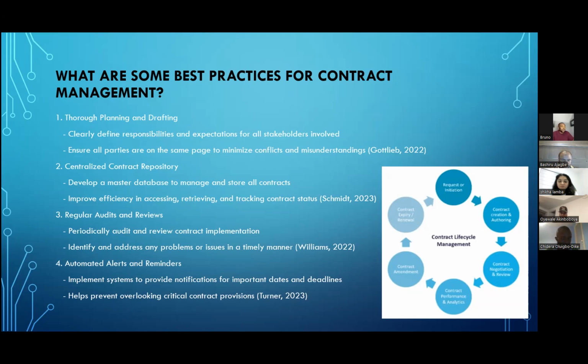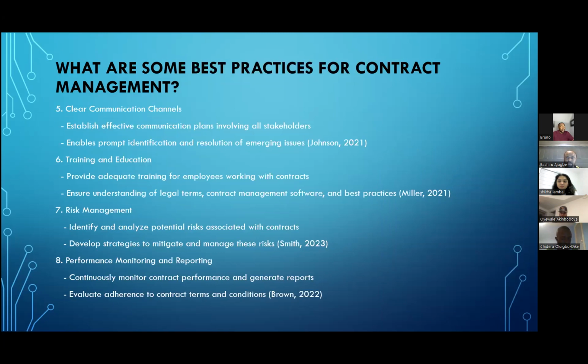Then fourthly, automated alerts and reminders. It is important to implement systems that will provide notifications for important dates and deadlines so that all the parties will meet these dates without hitches. Then clear communications. It is important to establish an effective communication plan involving all stakeholders to enable them to identify and engage in resolving issues. Then the sixth one, training and education.